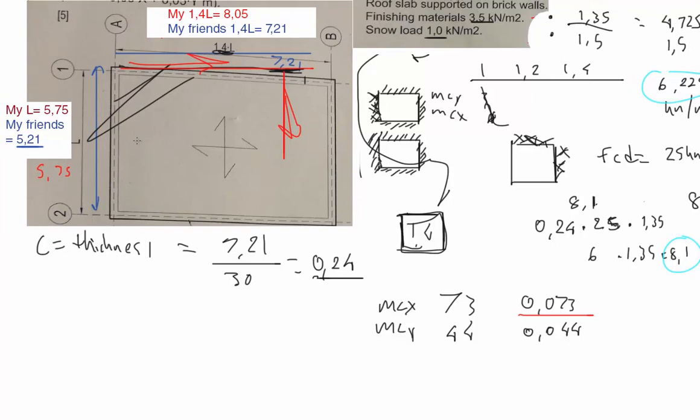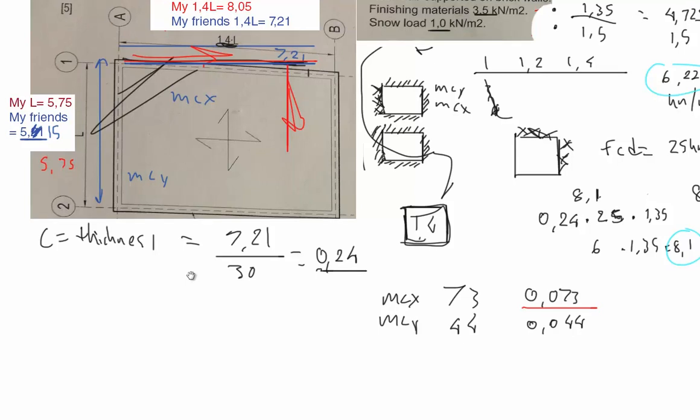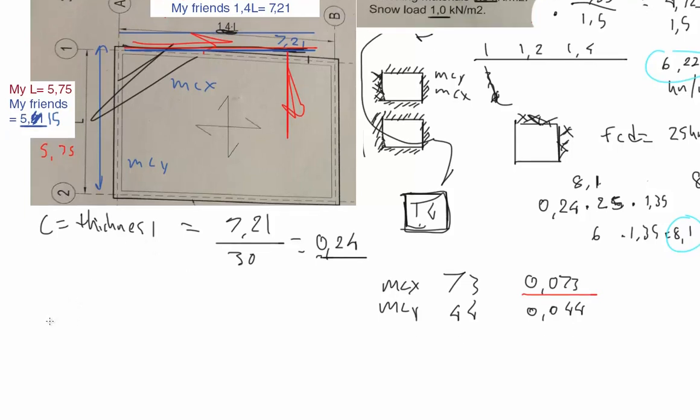I make so many mistakes. My friend's value is not 0.1, it's 15. Again, I would assume that they would take this value for mcx, and mcy would be that value.